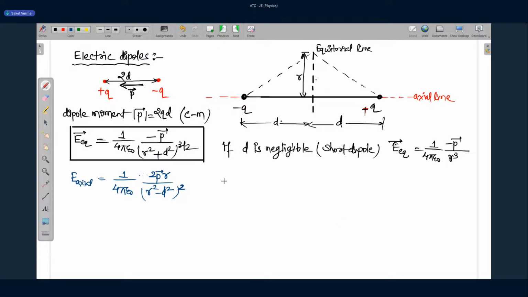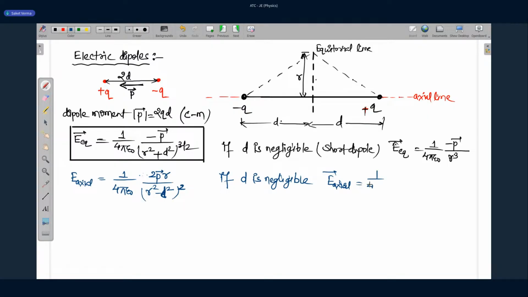Again for a short dipole, if d is negligible, then it will be r cube. Then E axial would be, with d square negligible, r square becoming r to the power 4.